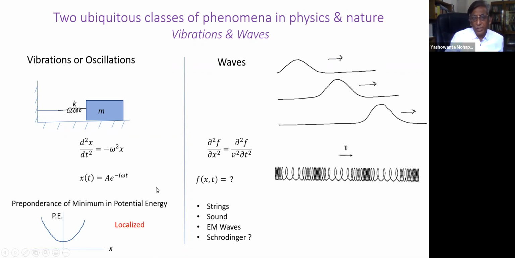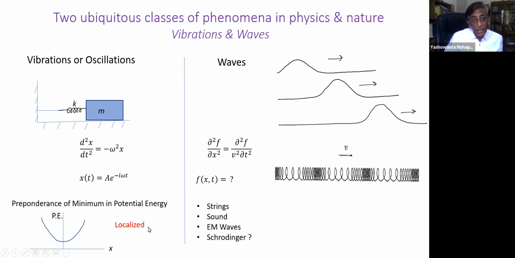One of the main characteristics which distinguishes between vibrations and waves is they're related, because waves quite often arise from vibration. A sound wave comes from a vibrating tuning fork. Or an oscillating dipole gives you radiation, an electromagnetic wave.